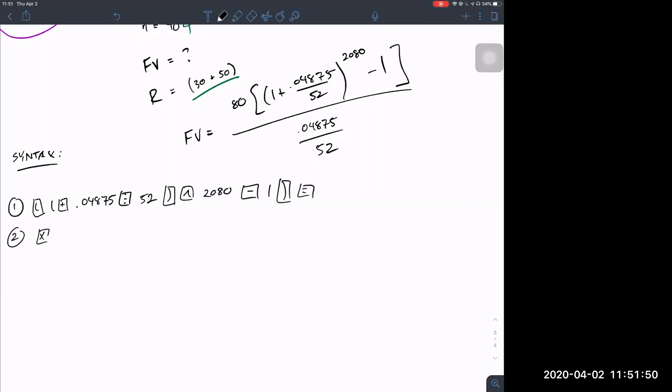Then 2 times 80 equals 3, divided by parentheses 0.04875 divided by 12, equals sign. So for those that need to, crank that out, make sure you get the right answer, all that jazz.